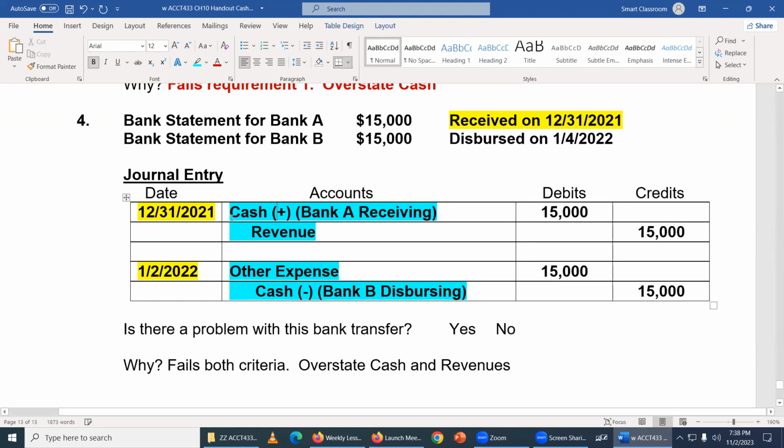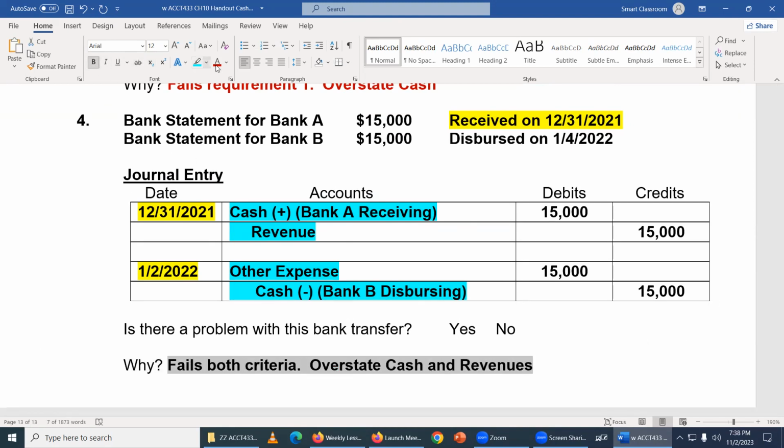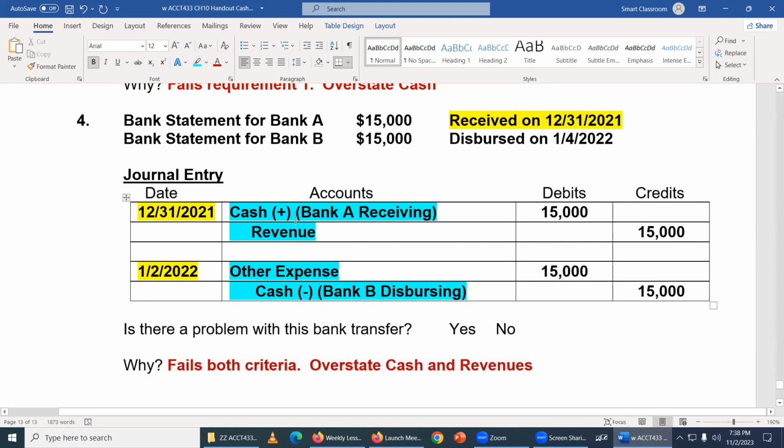We notice this journal entry, they put cash and revenues. And as an auditor, you always look for the cash and they say, well, of course, that's a true sale. Look, there's even a cash deposit for it. How can you argue with cash? Well, if it's one of their own checks, it's obviously not really a revenue. So this would overstate cash and revenues.